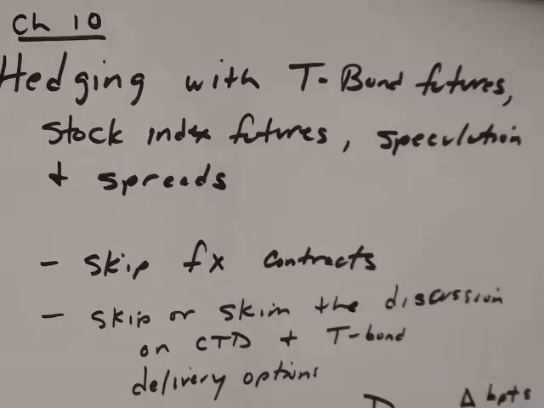Cheapest to deliver means that when you are long a Treasury bond futures contract, in the future you're going to give up money and you're going to take possession of a bond. Well, which bond? That's the question.